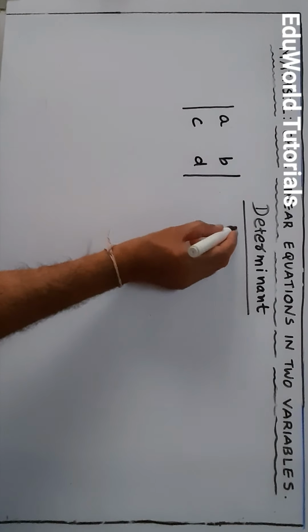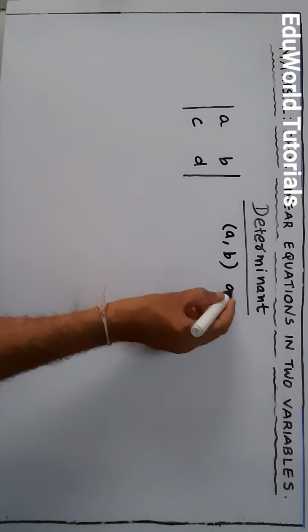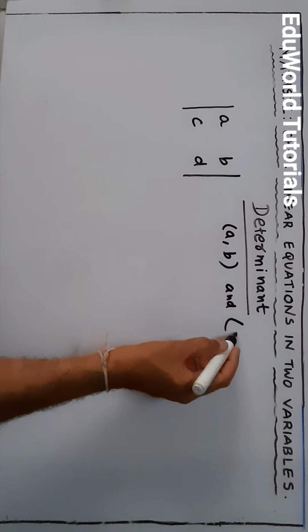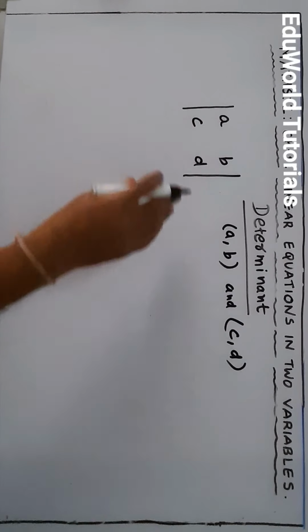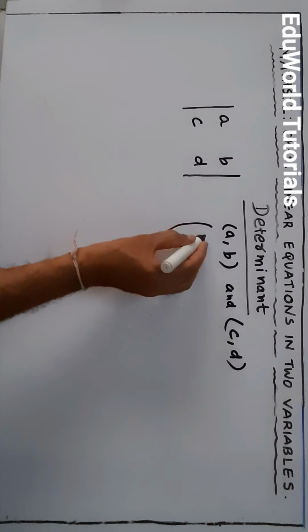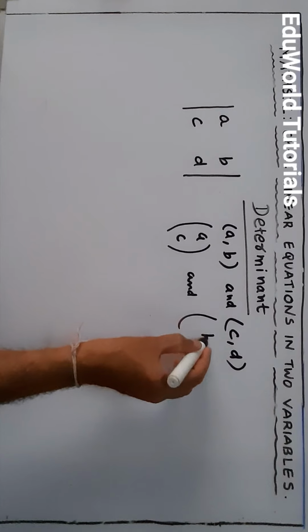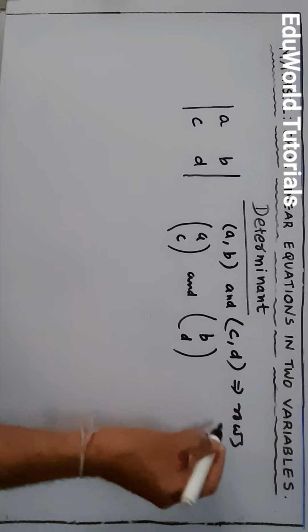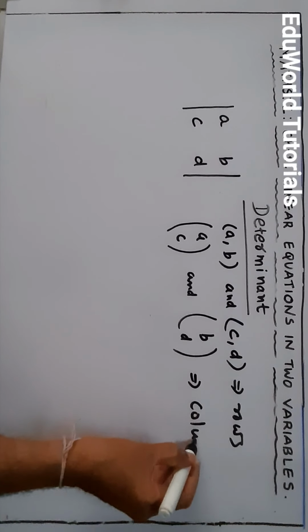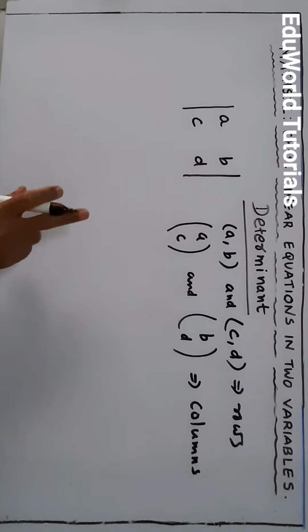Here you can see the arrangement of numbers in the form A, B and C, D. These are called the rows, horizontal. And if you take A and C, and B and D, these are called columns. So this type of arrangement of the numbers is called a determinant.